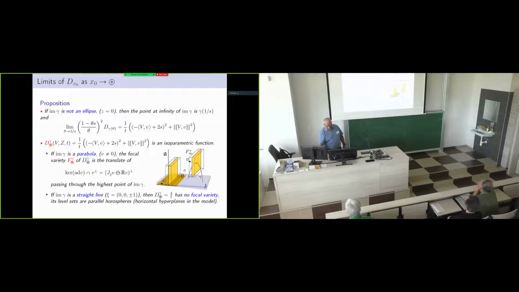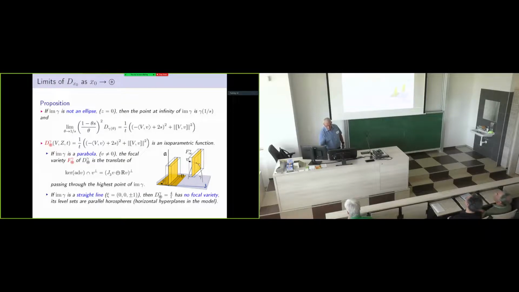The direction space of this focal variety will be just a vertical space. It will be given by this formula.